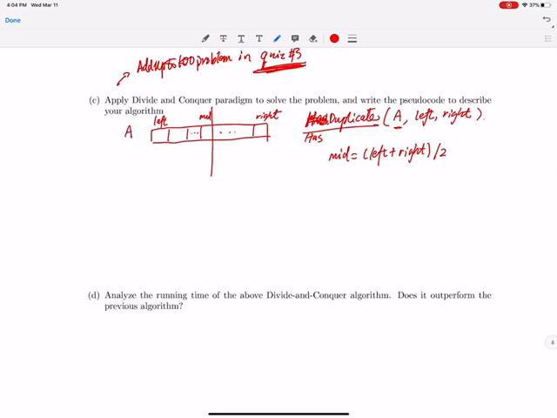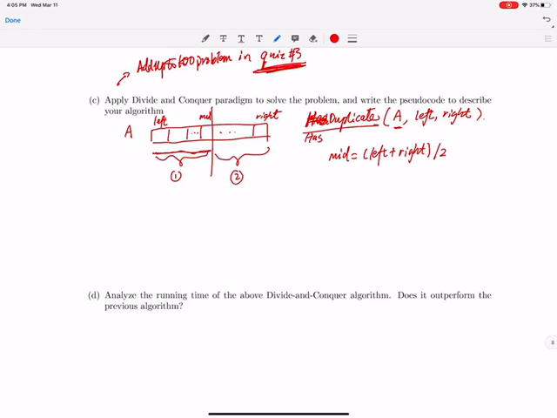Conquer means I will then solve the two smaller problems resulting from this divide. This is one problem, I will solve it, and then a second smaller problem. That means I want to call the same function to see if there's any duplicate in the left half of my array.